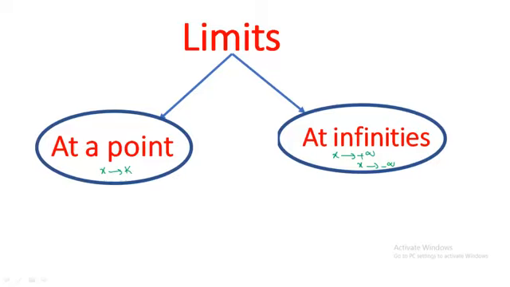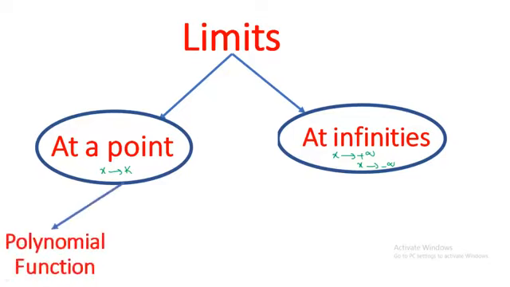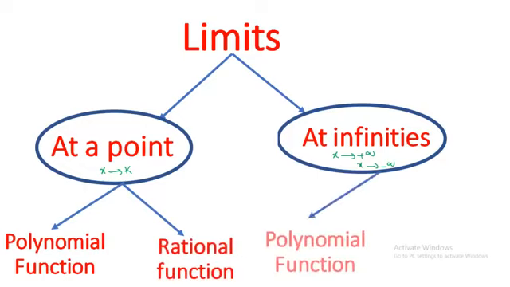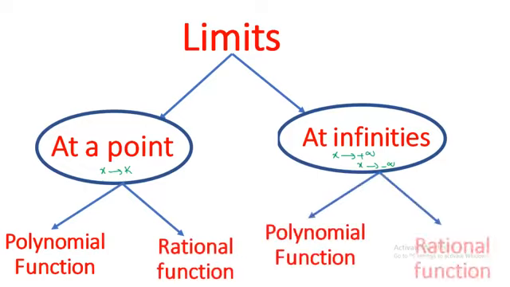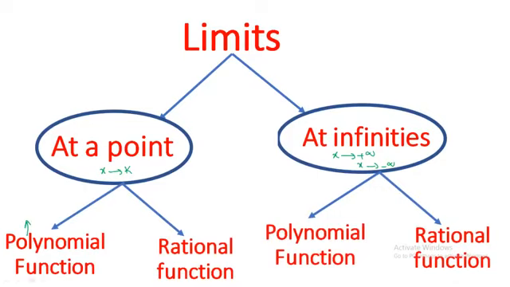Also, we have learned how to calculate the limits at a point or at infinity for two kinds of function. What are they? The first one is for polynomial function and the second one is for rational function. What do we mean by polynomial function?